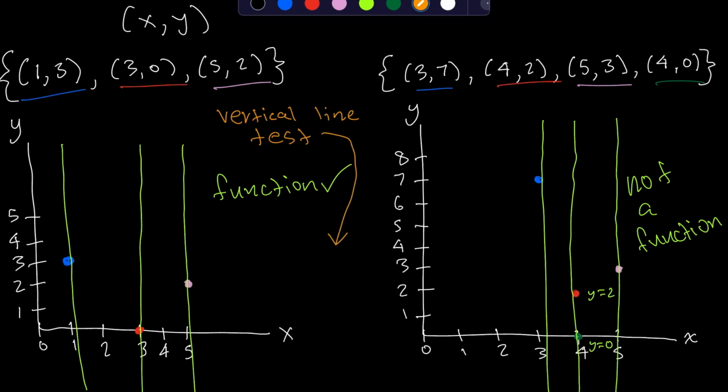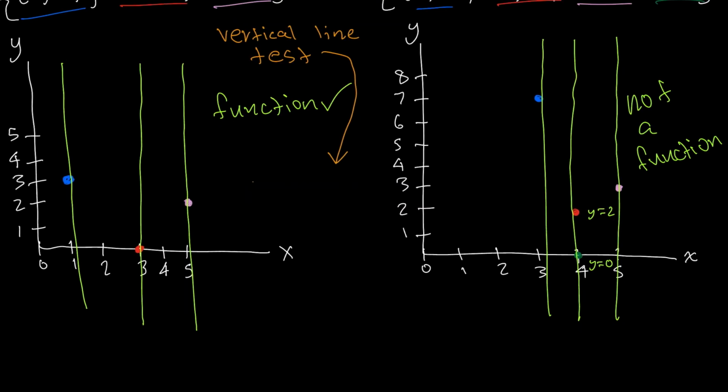So I'll just write that in. If two or more points intersect, or we could just say touch to make it simpler here, the line that we are testing with, like that vertical line. So let's actually specify the vertical line.